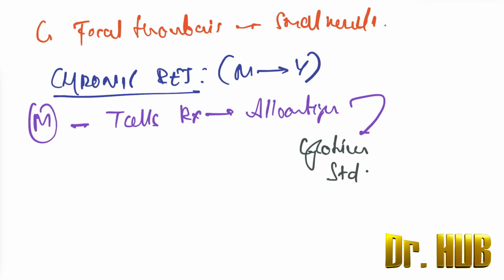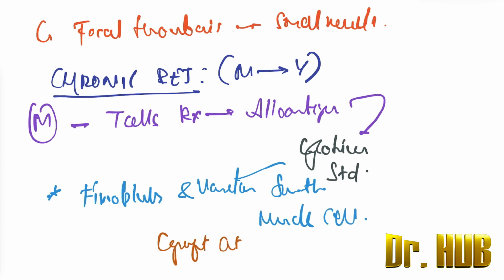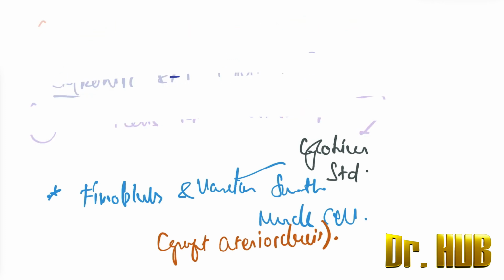What they do is they stimulate the fibroblast and the vascular smooth muscle cell. That is nothing but the graft arteriosclerosis. Then the chronic rejection may also be antibody mediated. Now let's look at the histopath findings.